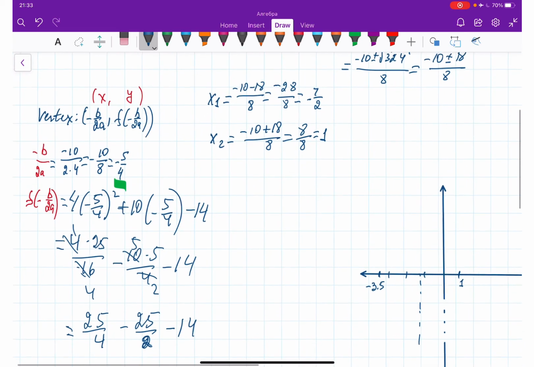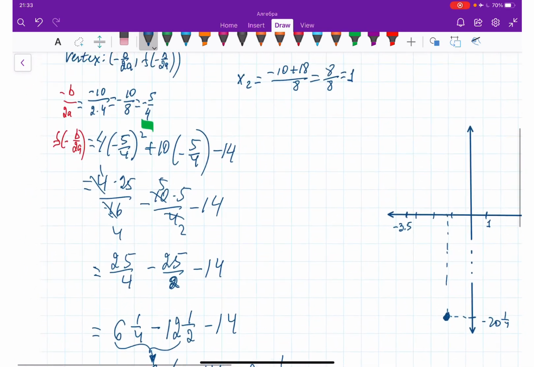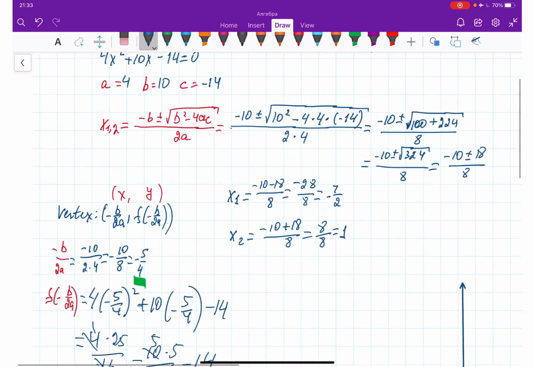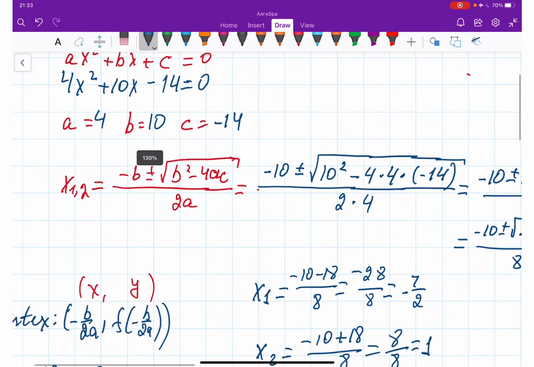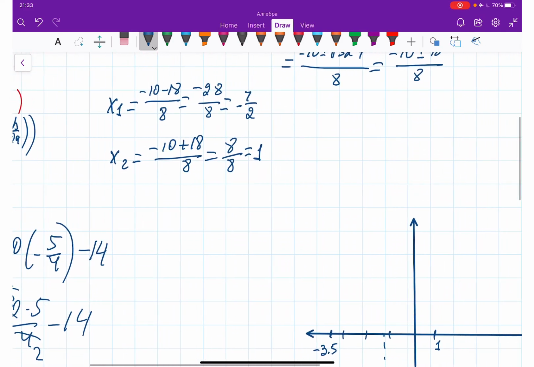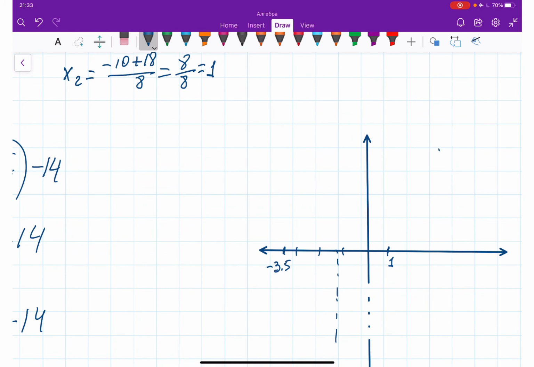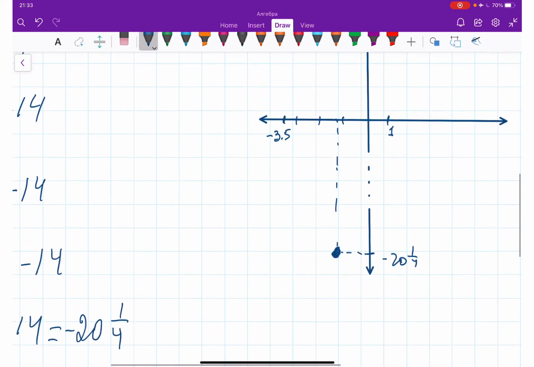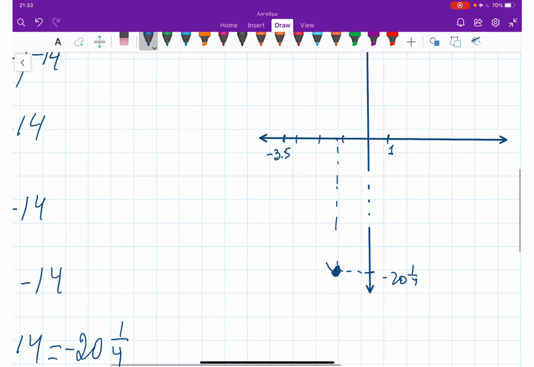Okay, and looking at our equation, where is it? Here it is: 4x squared plus 10x minus 14. Our a is positive, which means it's going to go up, right? Because a is greater than 0. We have x1, x2, and the graph is going to look like, let me see.